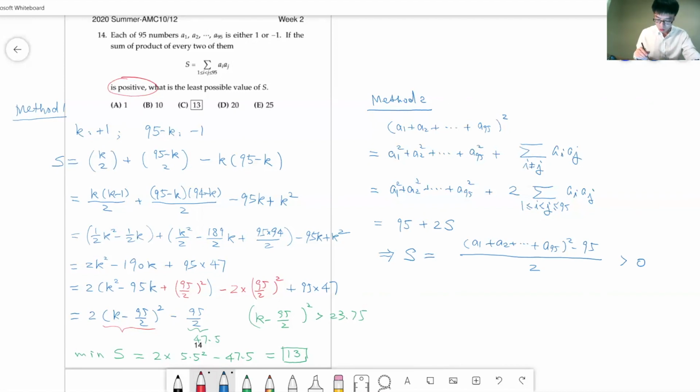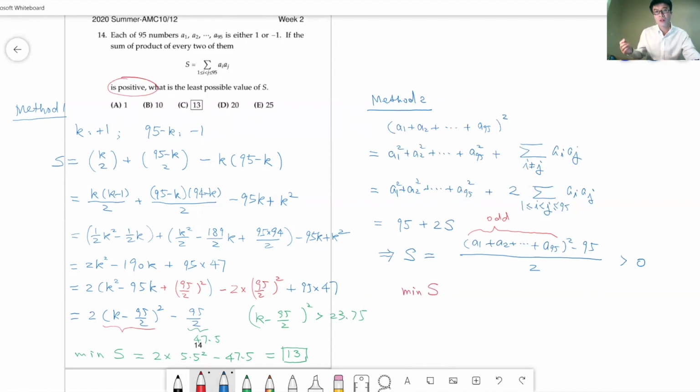It's always an odd integer. This square is larger than 95. So the minimum value is 11.